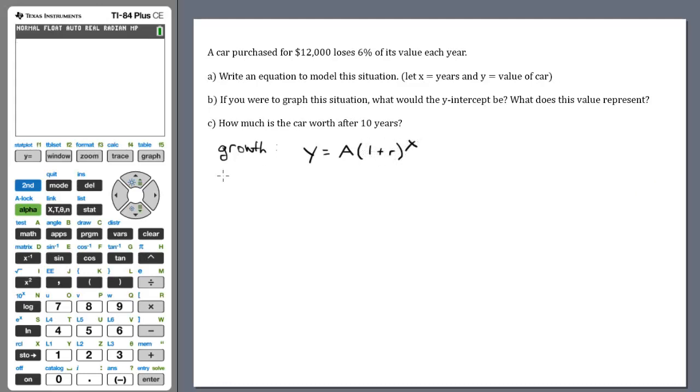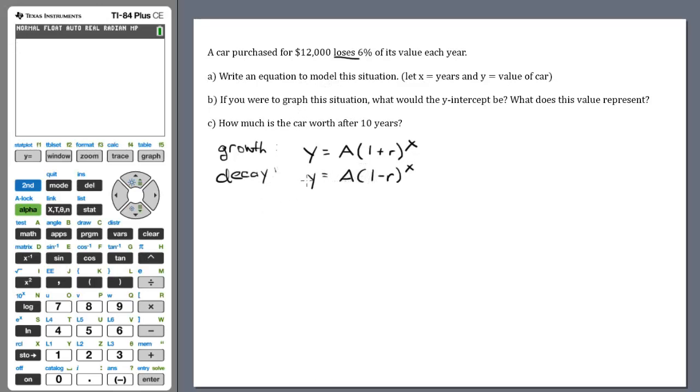And in the case of exponential decay, we're going to have y equals a, that's the starting amount, times 1 minus the rate, that's how much you're losing every year, to the power of x. And because this one is losing value, we're going to use this equation here.